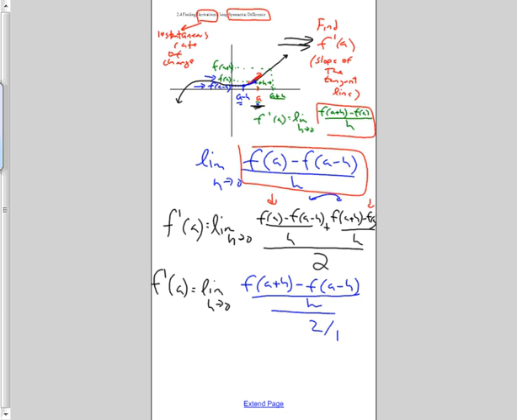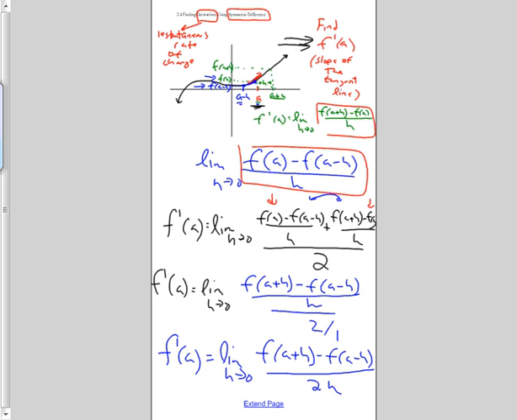So now we get our symmetric difference equation, which is that the derivative at a point can be approximated by the limit as h approaches 0 of f of A plus h minus f of A minus h over 2h. This is just an alternative method to finding the derivative at a point.